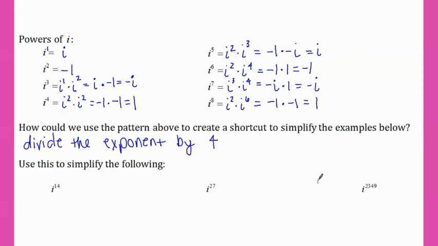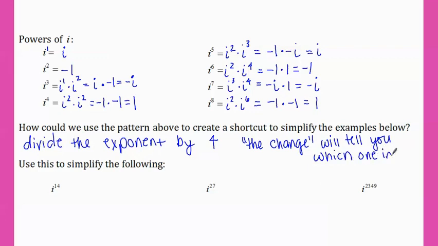And then we're going to kind of think about money. We're going to think about the change when we divide. The change is going to tell you which one in the pattern to use.